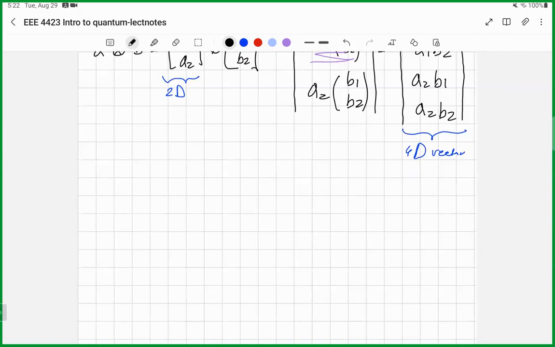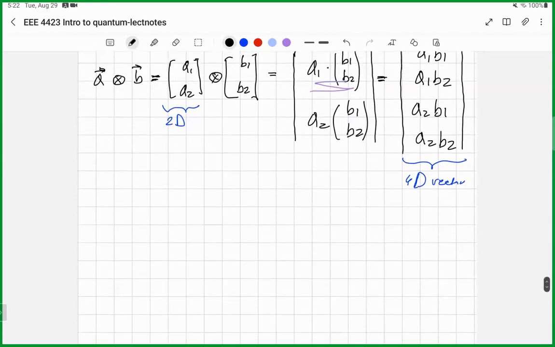The same way we can define the tensor product of two matrices, not only vectors but also matrices.